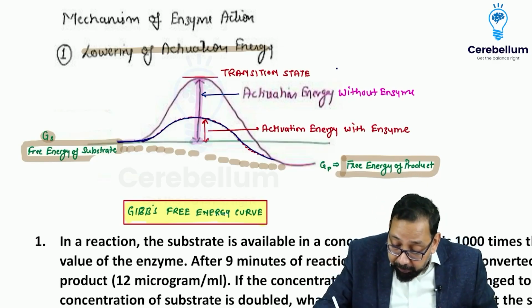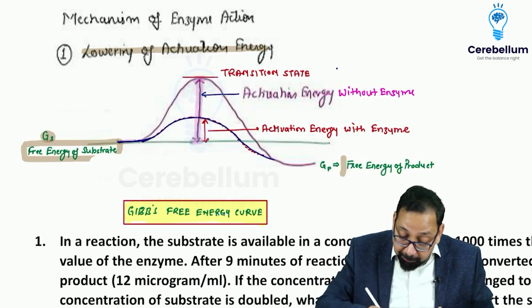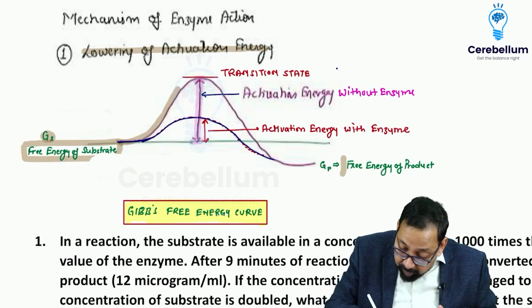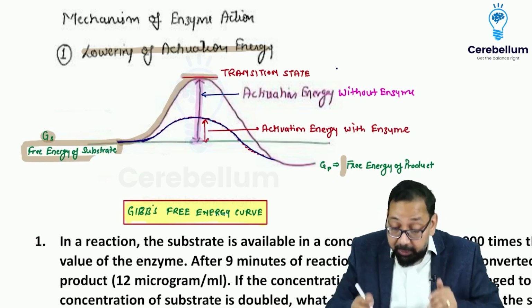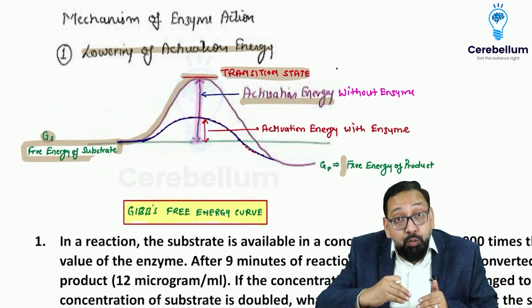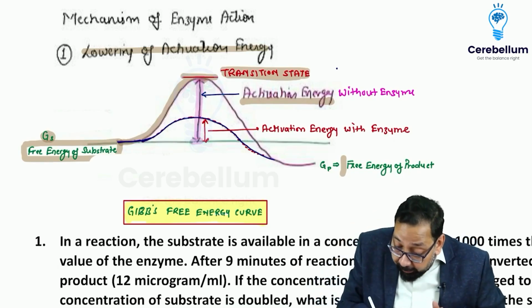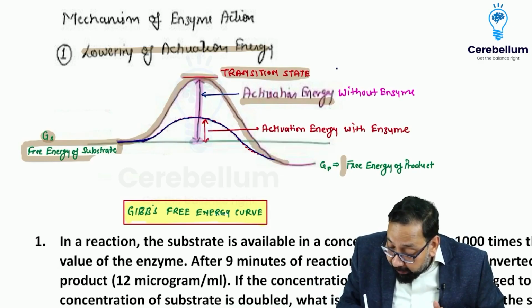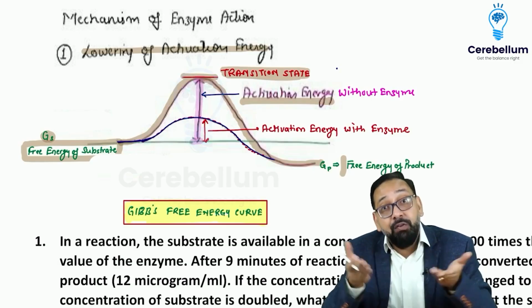But in nature, we find that to make product, first of all this substrate should reach the transition state. Means you have to put in some energy, called activation energy, to take this substrate to the transition state. Once the transition state is achieved, it will be converted to product very easily. And if you add enzyme, what will happen?